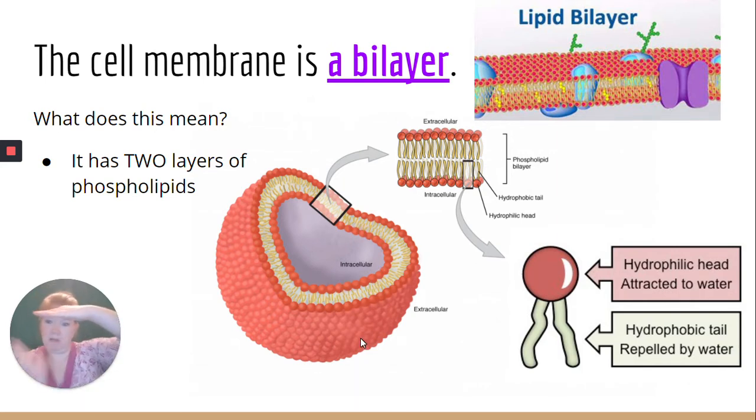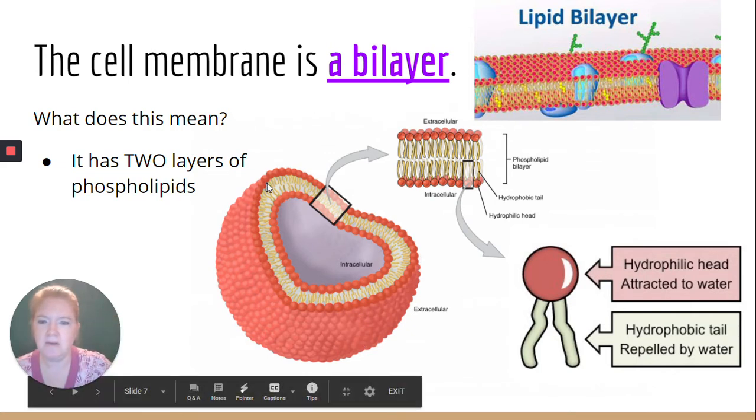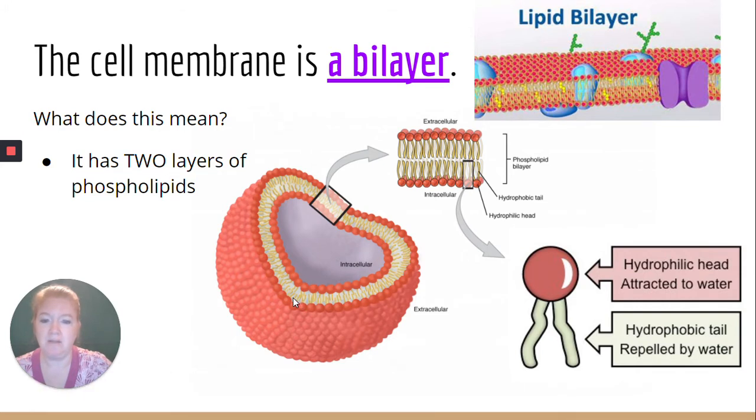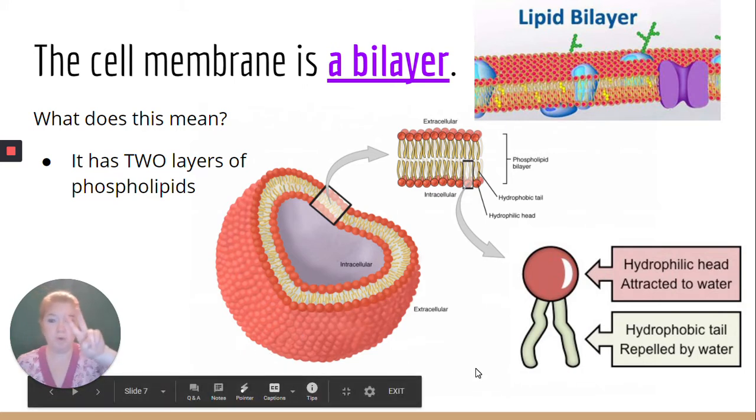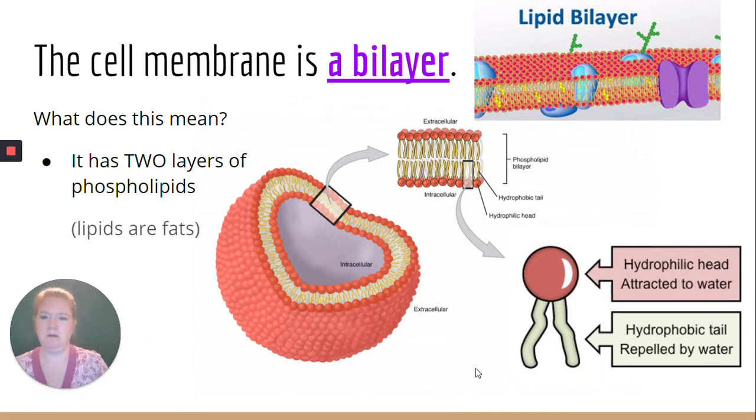So here and here. And then sandwiched in between are those water-hating hydrophobic tails. And this is how the cell membrane is set up and functions. So two layers, a bilayer of phospholipids. Lipids, as a side note, are fats.